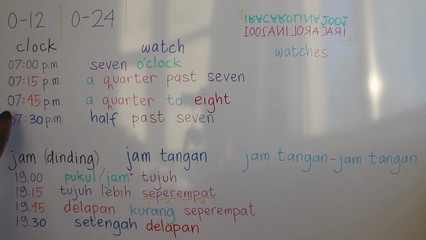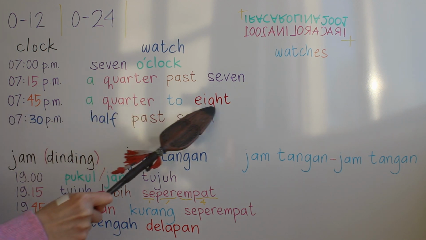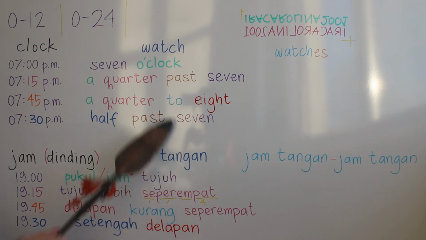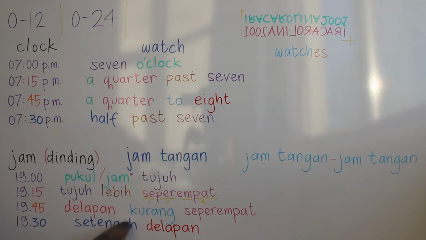And now this one, a quarter to 8. In Indonesia we use this word kurang for to. Kurang is minus, but in this case we translate this one into to.